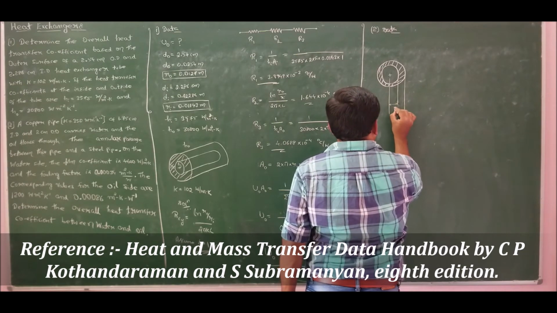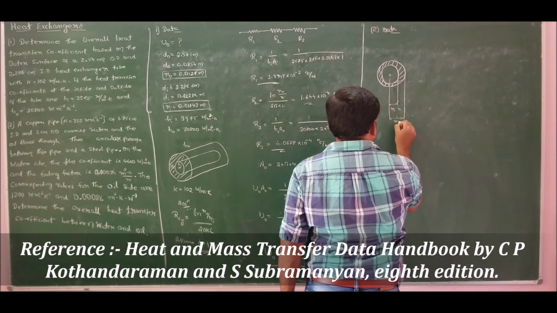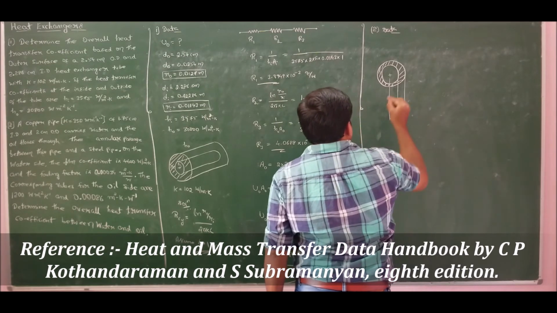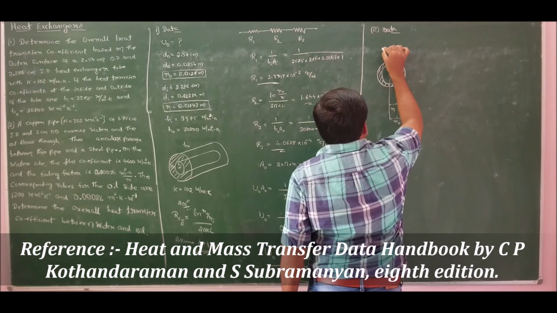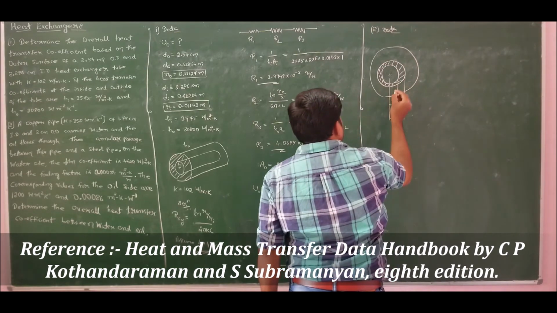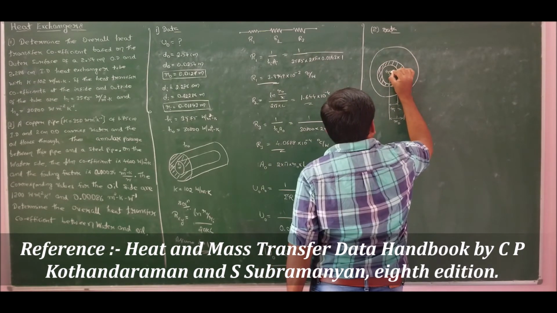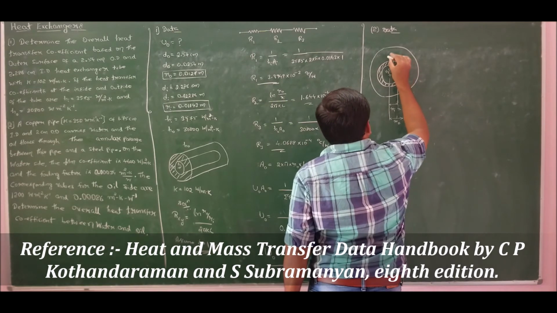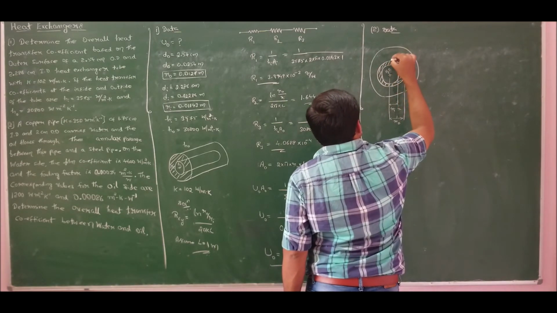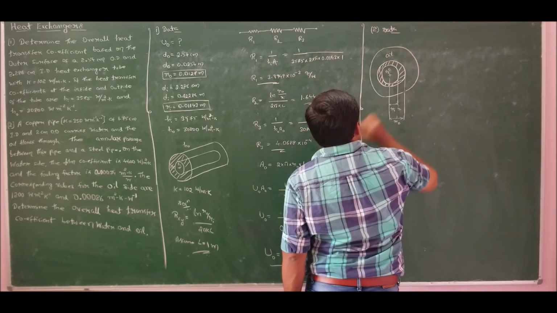We have Ri and we have R0 of this copper pipe, and around which we have a steel pipe. On this copper pipe we have water flowing, H2O. Between the annular region of copper pipe and steel pipe we have flowing of oil.